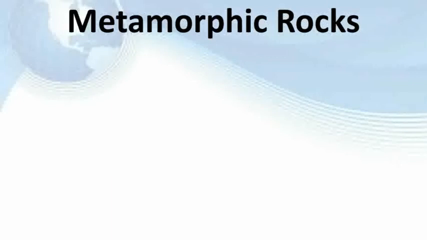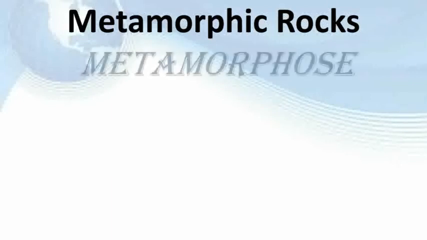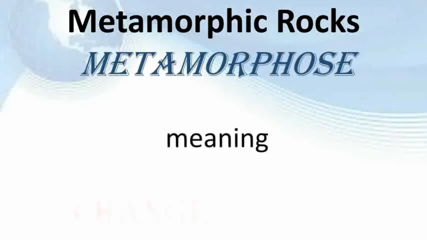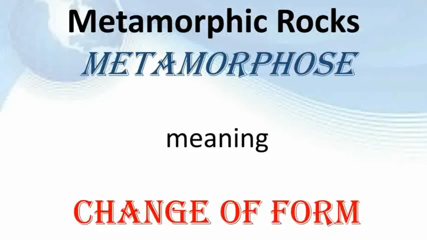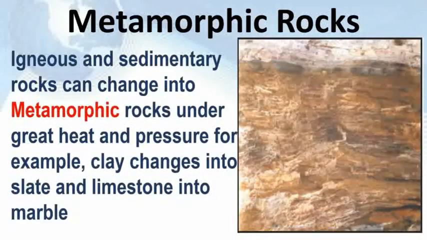The term metamorphic is derived from the Greek word metamorphos, which means change of form. These rocks are formed due to great heat and pressure over igneous and sedimentary rocks. For example, clay changes into slate and limestone into marble.